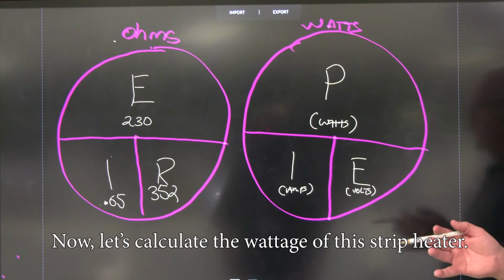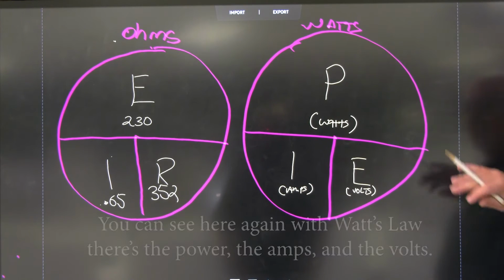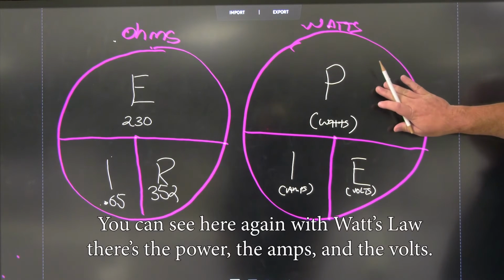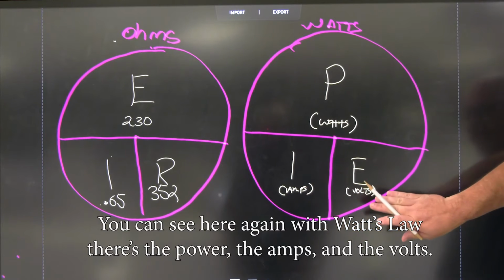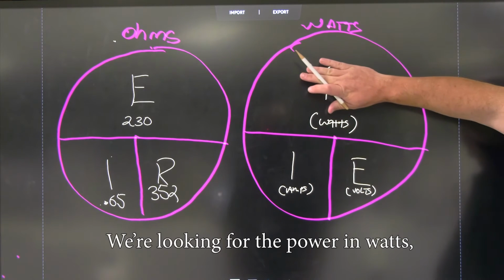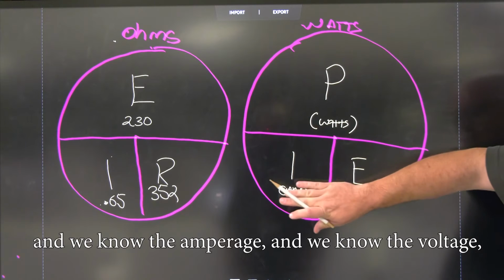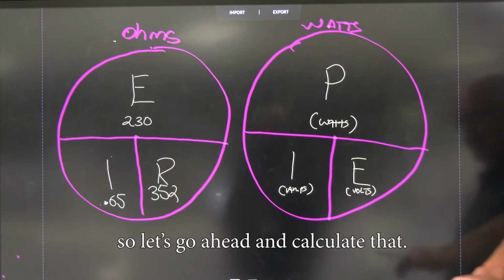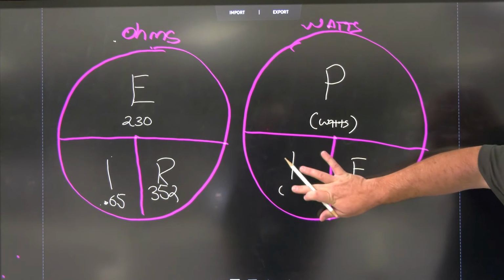Now, let's go ahead and take a look at the Watt's Law formula and calculate the wattage of this strip heater. And you can see here again with Watt's Law, there's the power, the amps, and the volts. We're looking for the power in watts, and we know the amperage, and we know the voltage. So let's go ahead and calculate that.